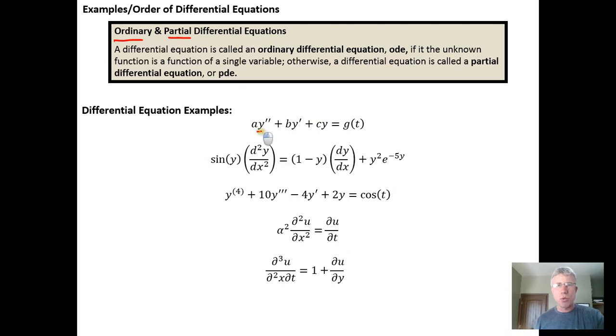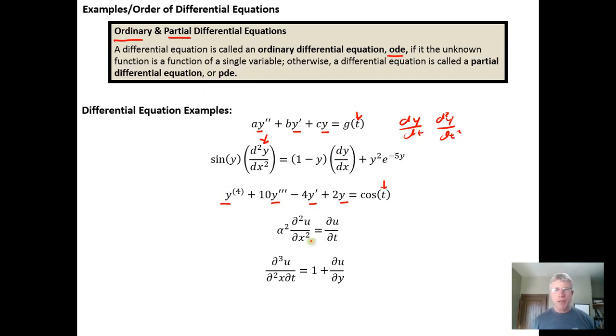Here this is an ordinary differential equation because we're really working with dy dt, d2y dt2. So we have a single independent variable t, and we have the derivatives of y with respect to that variable. This is an ordinary differential equation as well because it also doesn't involve partial derivatives.